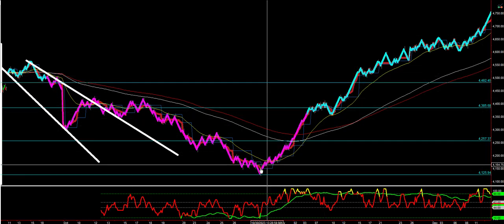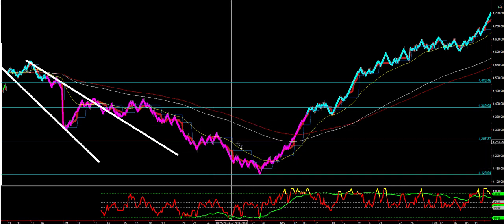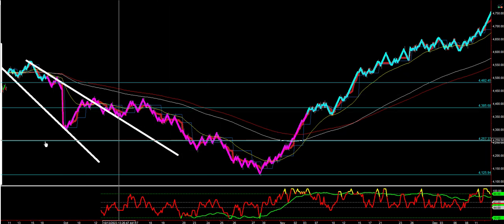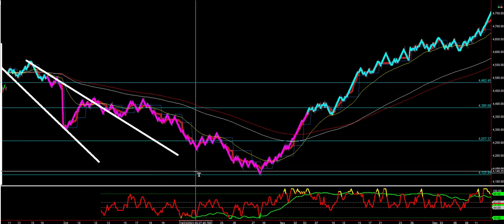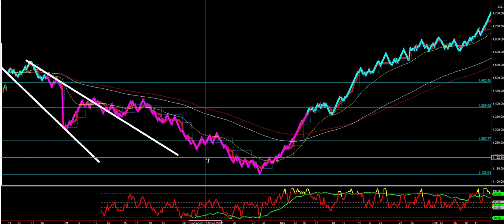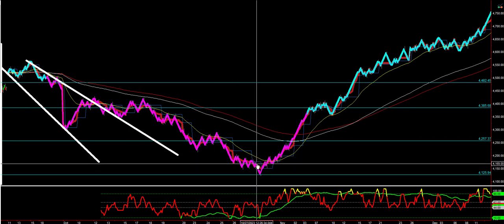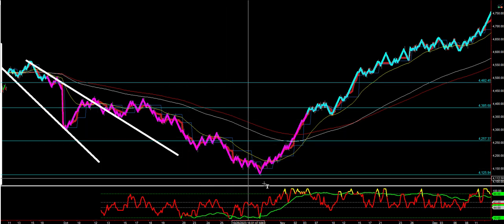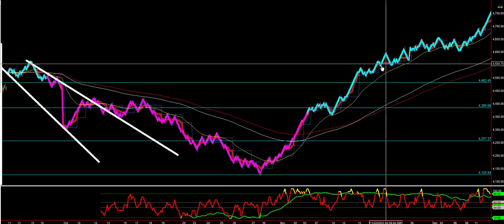Even though we predicted that it's going to go either to this point or this point, and we had these lines drawn based on our analysis that market is trying to go somewhere here, and we predicted this level close to our suggested market moves, and we took off from there.